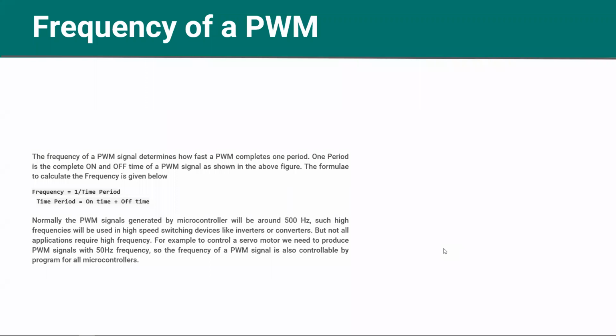Actually, to dim something we need to give an analog signal, but here in the Arduino we cannot do that. So instead, that is what we do, we turn it on and off really fast, so it is going to look like it is dimming. The name analog does not mean that it is an analog signal. It is a digital signal as always, but it looks like an analog signal, right?